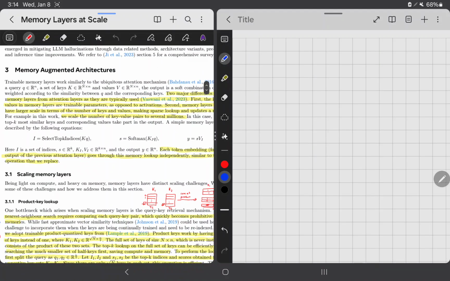Basically, they take these memory layers, and the idea of a memory layer is like, I have an LLM and I need it to memorize facts, like what is the date of this, or whatever facts it needs to memorize. And the idea is we can store these in tokens, and it can dynamically load in tokens.